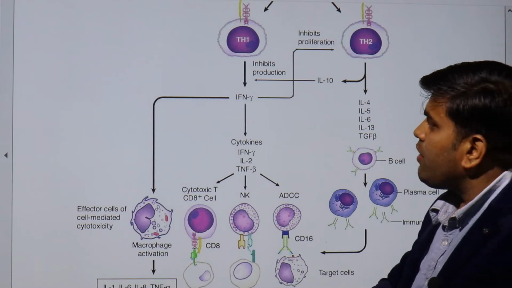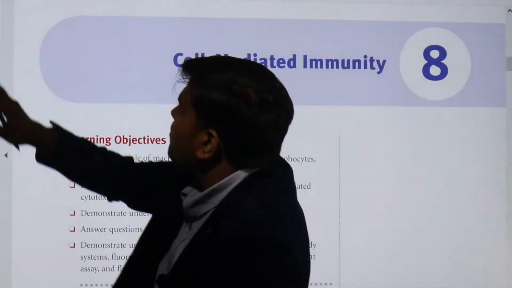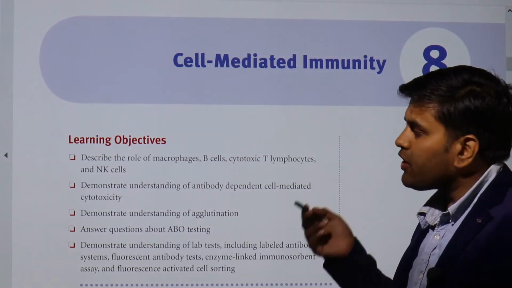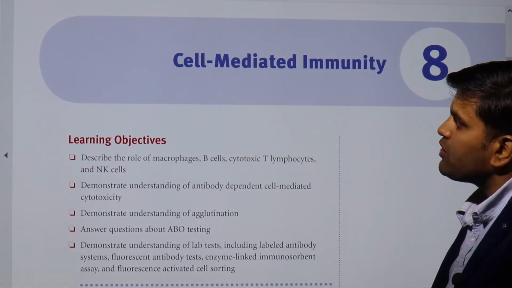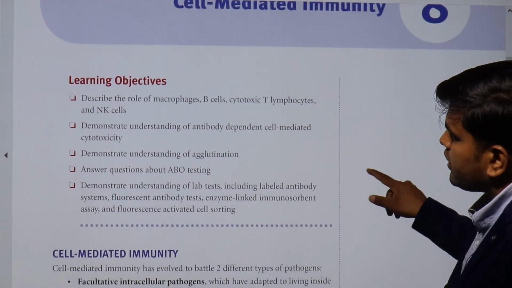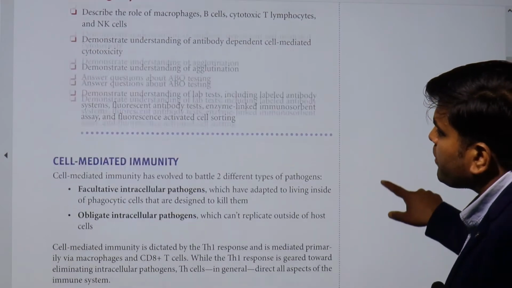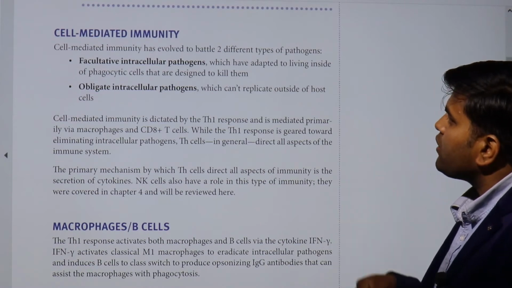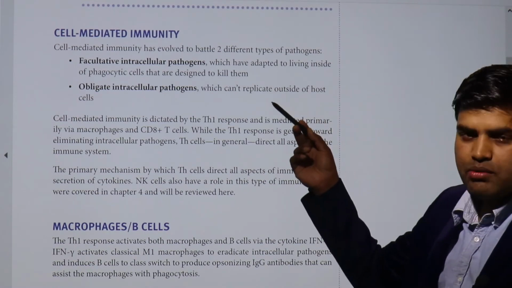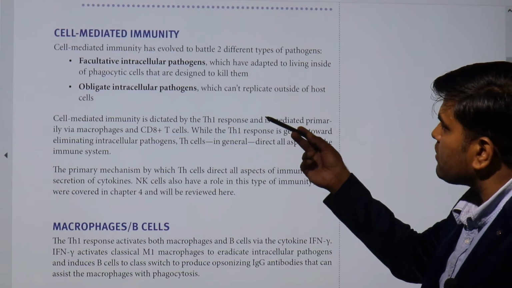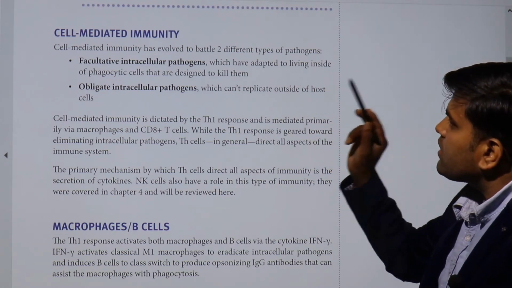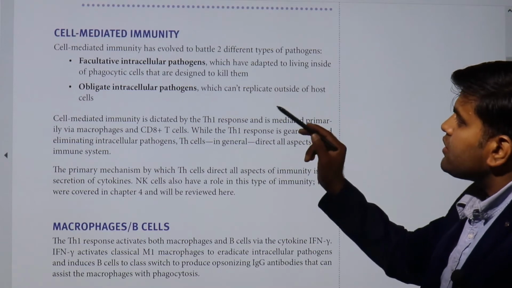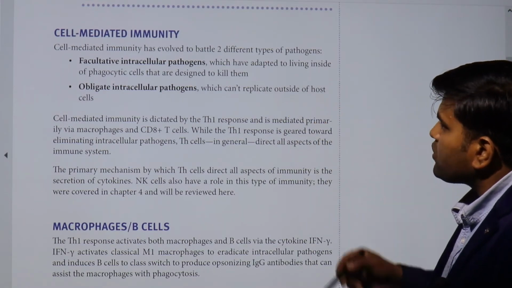Okay, if you have understood this, then let's come back to Kaplan Microbiology. We are talking about chapter 8, cell mediated immunity. This is our 2018 or recent book. Cell mediated immunity has evolved to battle two different types of pathogen, facultative intracellular pathogens and obligate intracellular pathogens. Facultative ones adapt to live inside the phagocytic cells that are designed to kill them, whereas obligate intracellular pathogens can't replicate outside of the host cell.